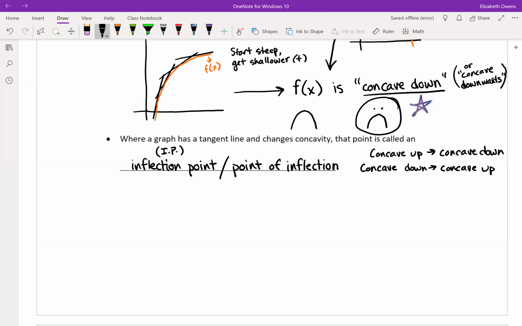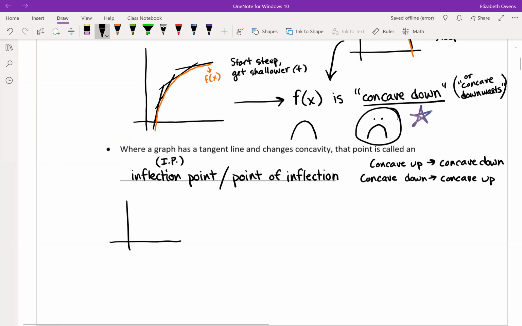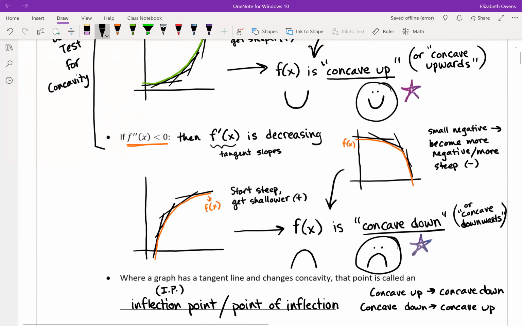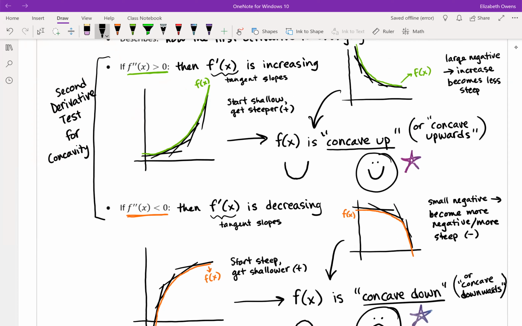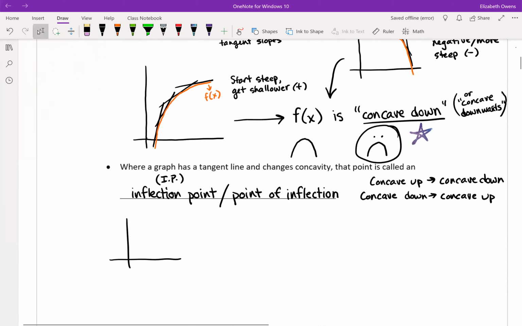So what that might look like, let's see. If we start with a concave up type of shape, you'd have one side or the other of your happy face, positive second derivative type of shape here. I'm gonna do a shape kind of like this. Okay, that portion is concave up.